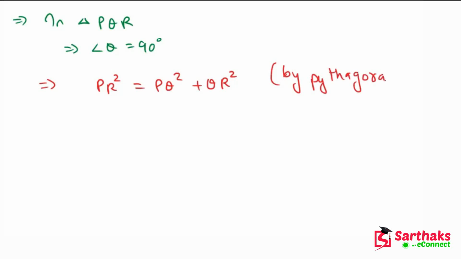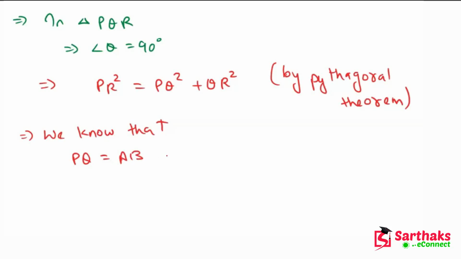I hope you get this point. So now we know that PQ is equal to AB and QR is equal to BC.